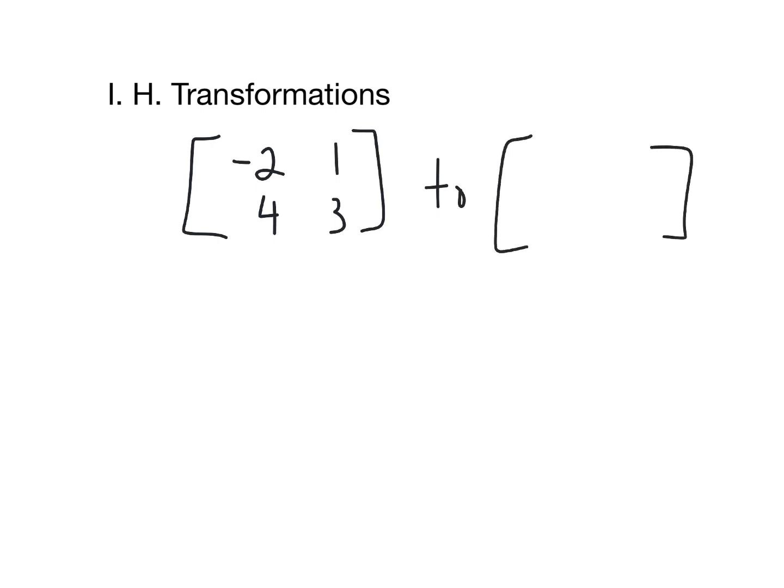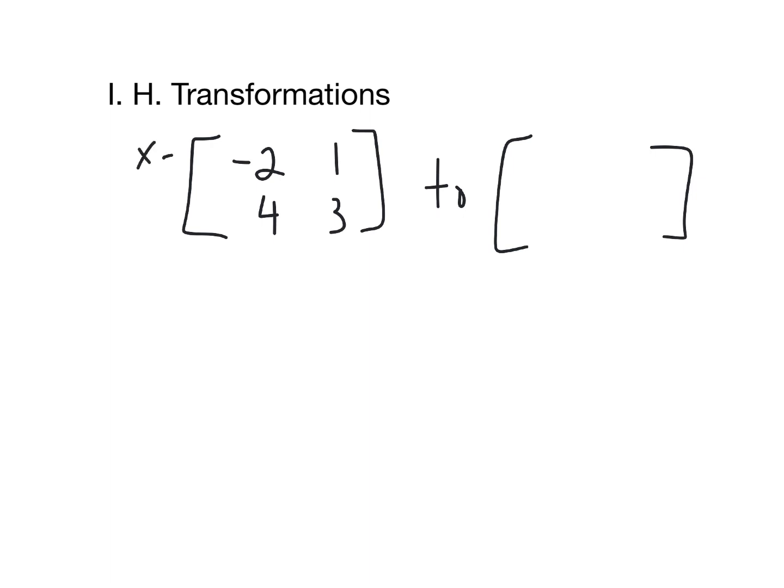So with matrices, we could have something like this, and then it could say it's going from that to something else.